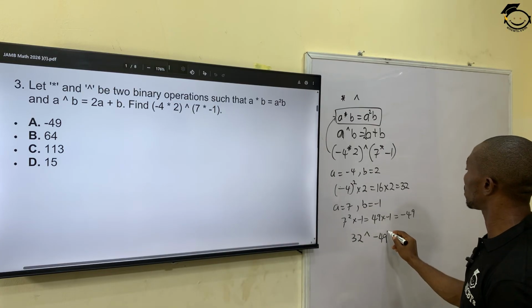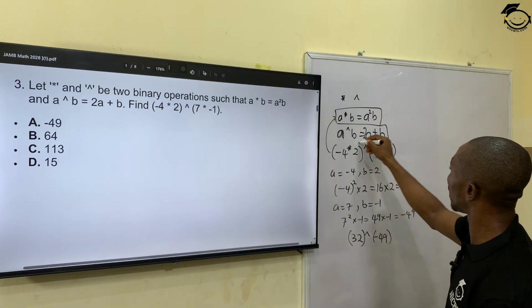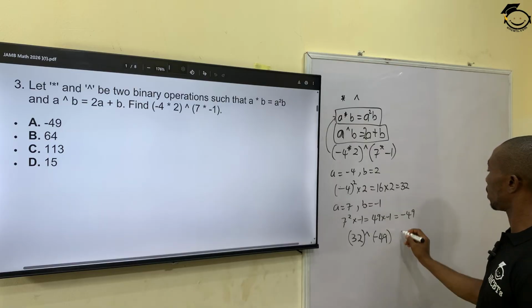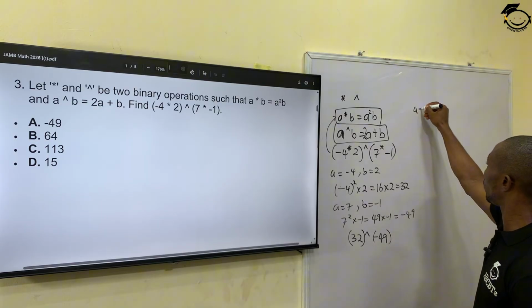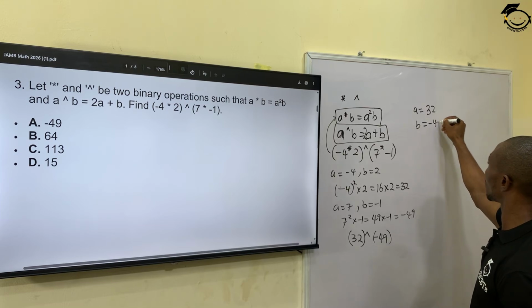Now, with this, we can apply our second formula, where our A will be 32 and B equals minus 49.